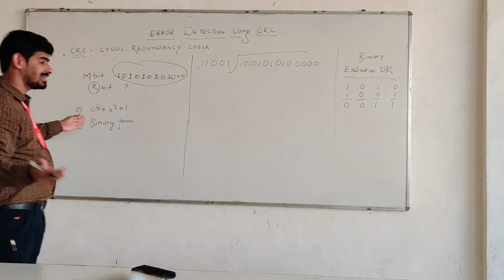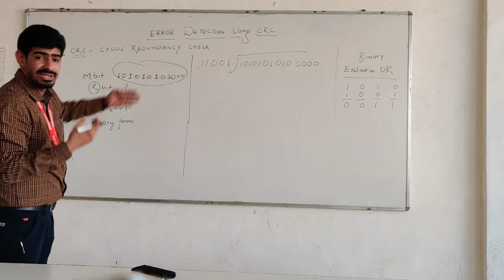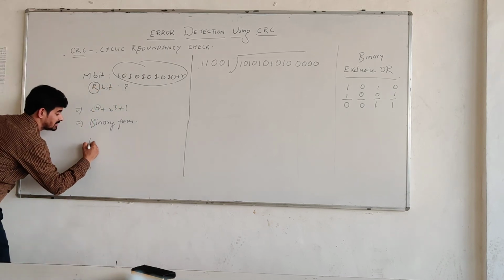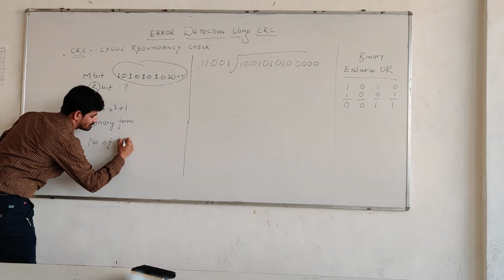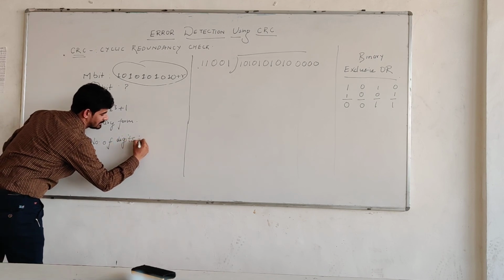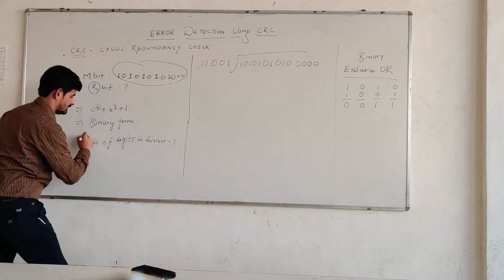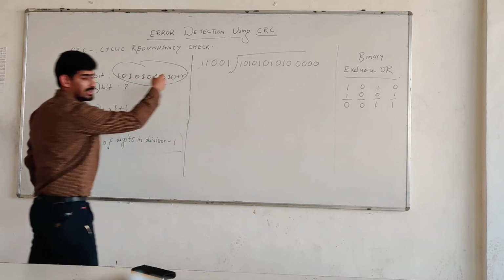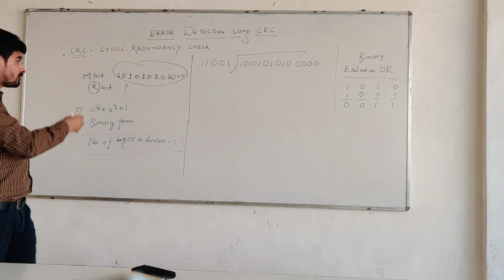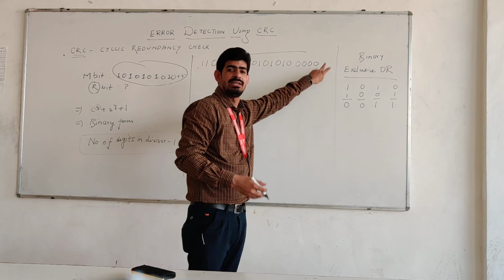And if in the question direct binary division is given, then we will divide it by the number of digits in the divisor minus 1. That is, the number of digits in the divisor is 5, so we will divide it by 4 zeros added to the dividend.